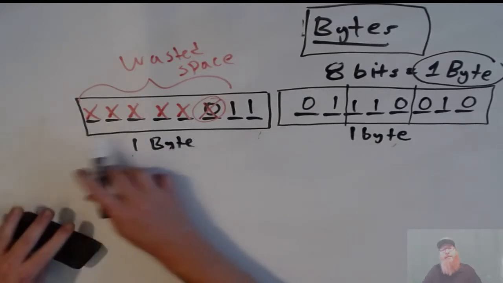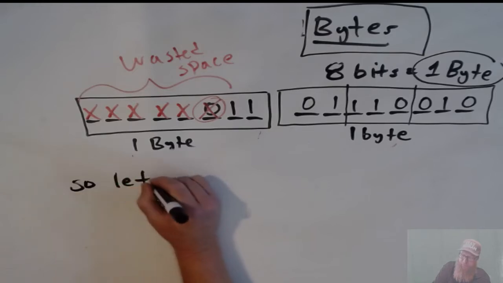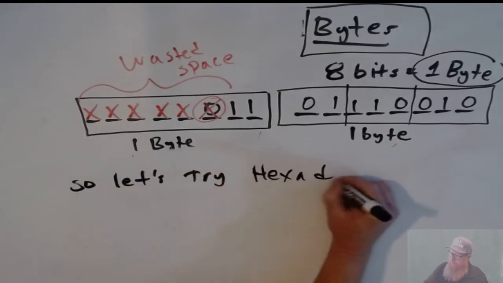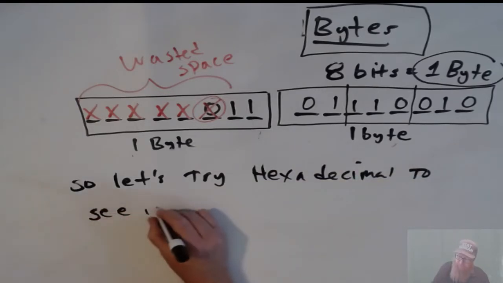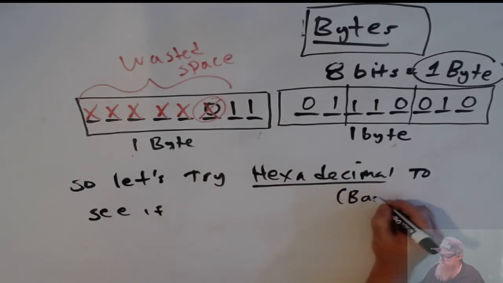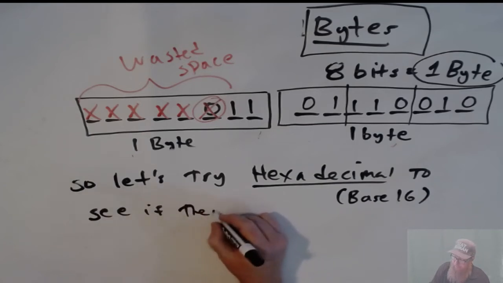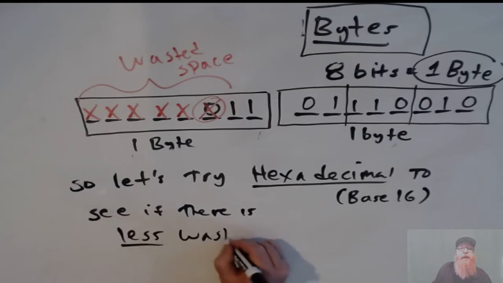And it gives us less wasted space. So let's try hexadecimal, that's base 16, to see if there is less wasted space.